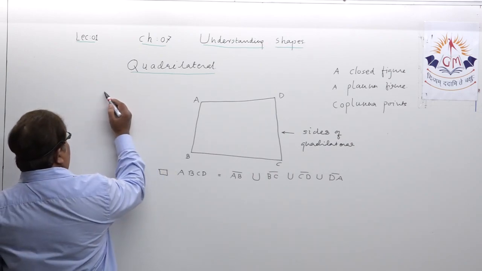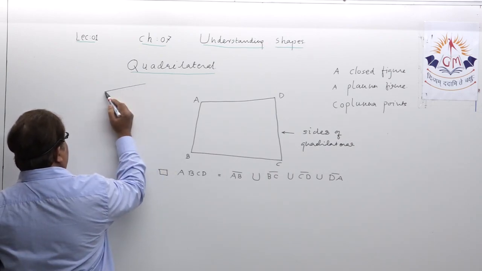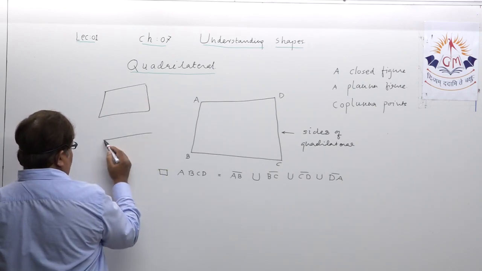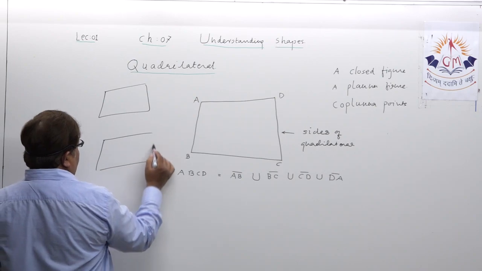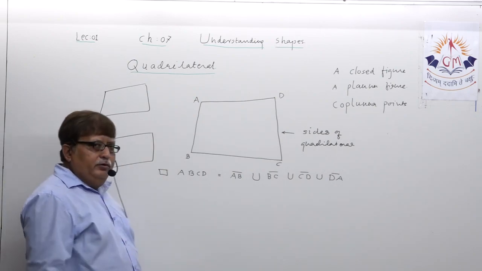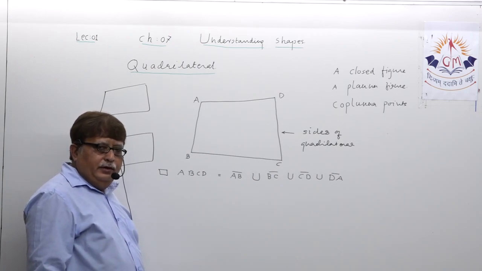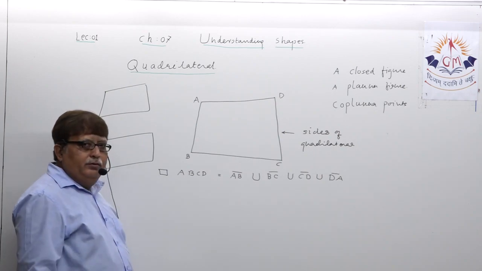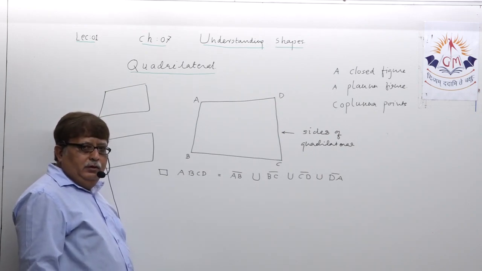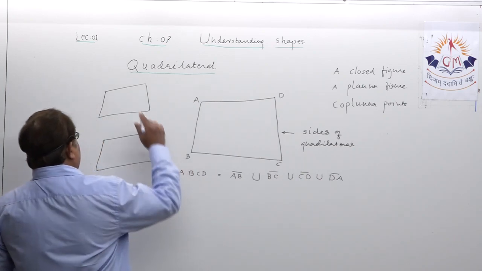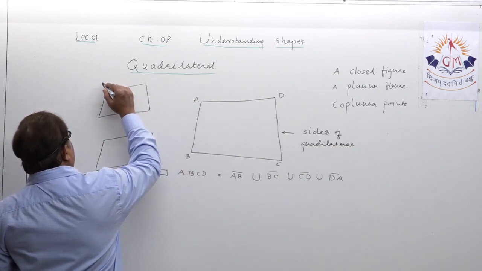Suppose I draw two to three other quadrilaterals. One more I draw here. Try to understand. Suppose this quadrilateral I have written here is also a closed figure formed by four line segments. I can name any quadrilateral.